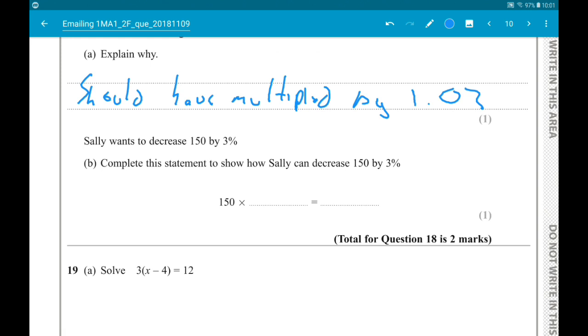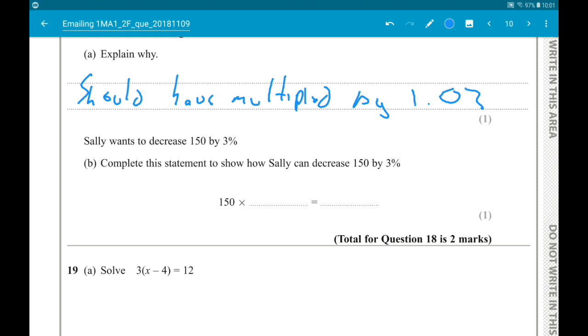Okay, then for part B, Sally wants to decrease 150 by 3%. Complete this statement to show how Sally can decrease 150 by 3%.